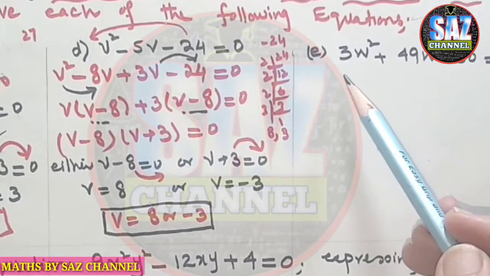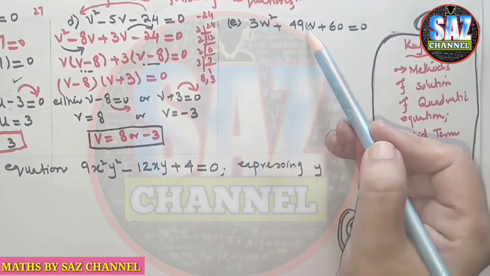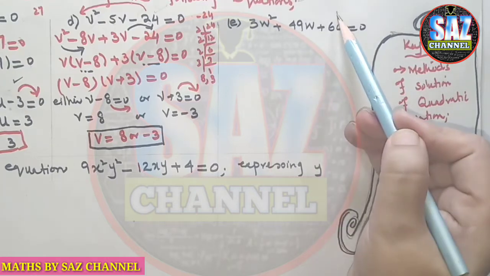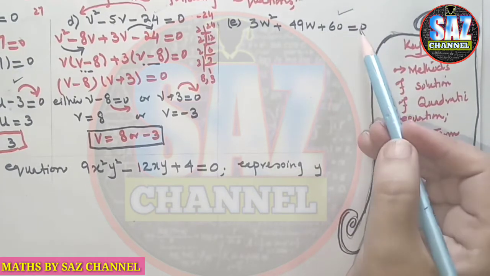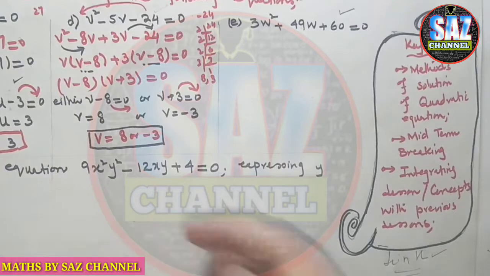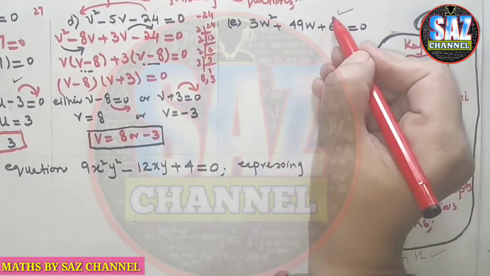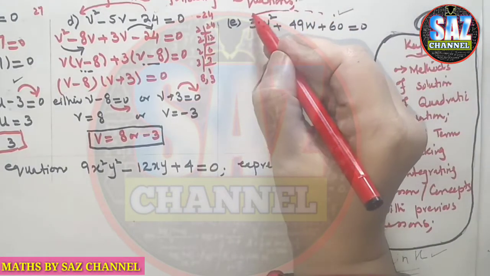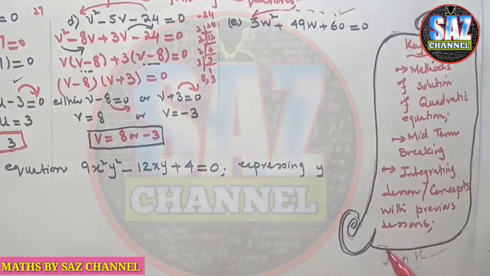Okay, coming to the next question, it's 3w square plus 49w plus 60. First of all, we have to multiply the constant with the coefficient of the term having power 2, and that gives me 60 multiplied by 3 is 180.